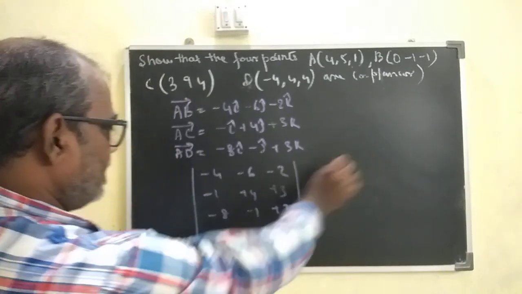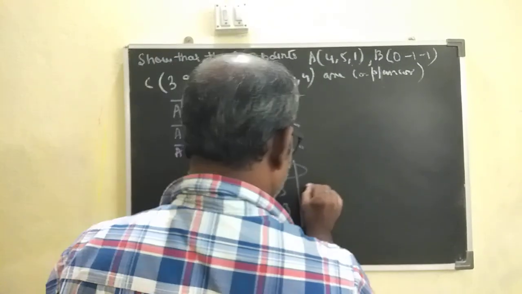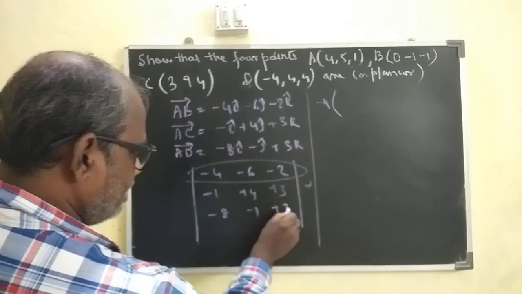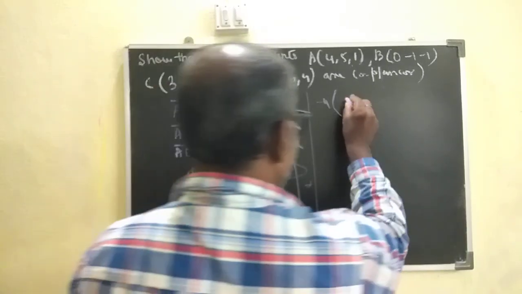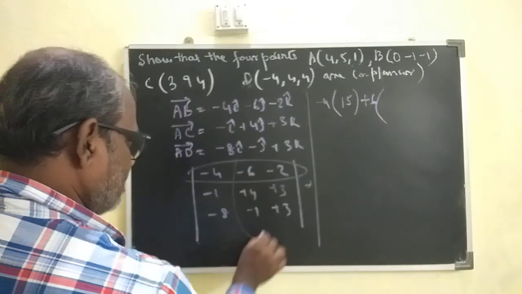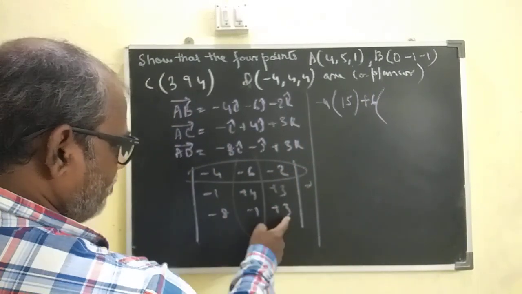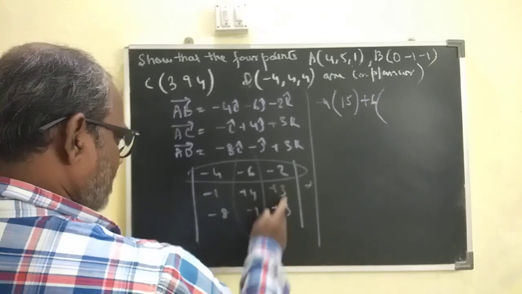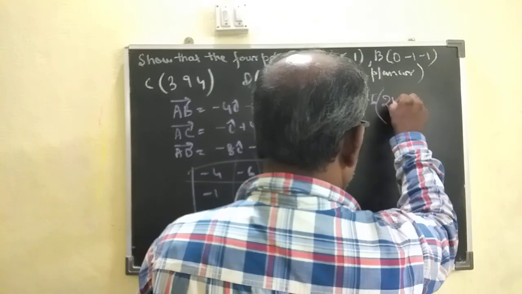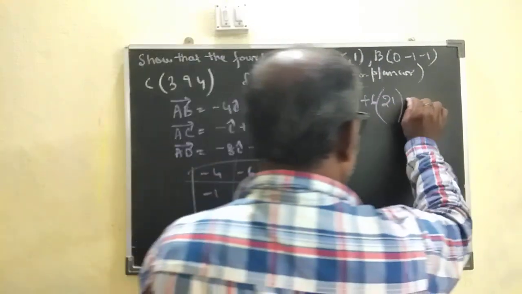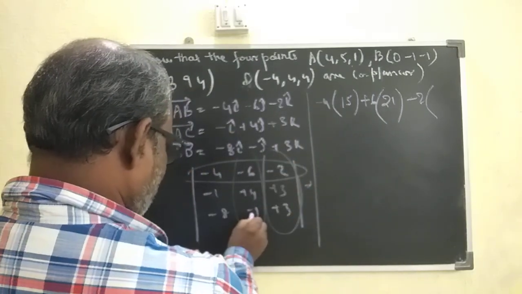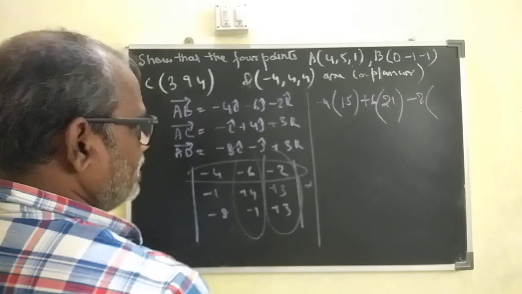So from here expanding this, we get here minus 4 into 4 is 12 plus 3 15 minus of minus 6, that is plus 6, this changing this, that is minus 3 plus 24, minus 3 plus 24 is plus 21, then writing minus 2 plus 1 plus 32.